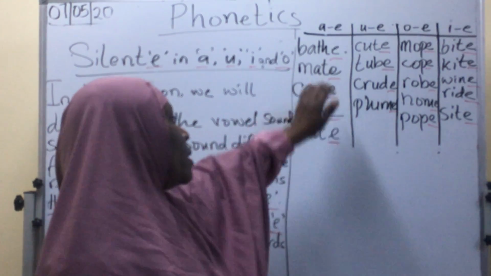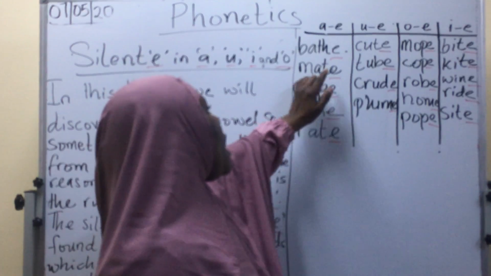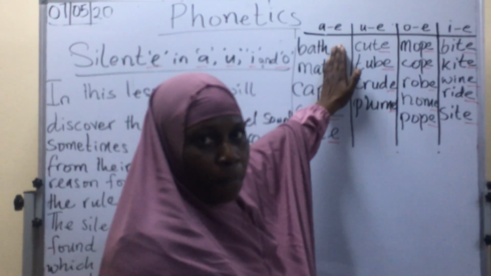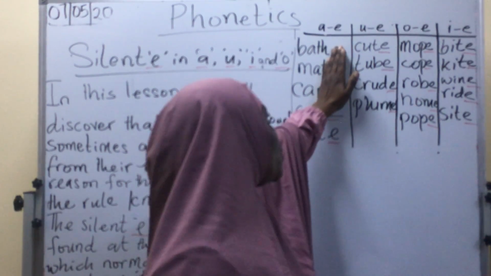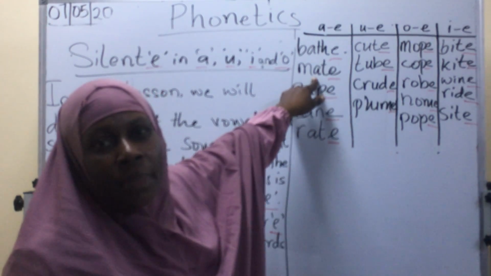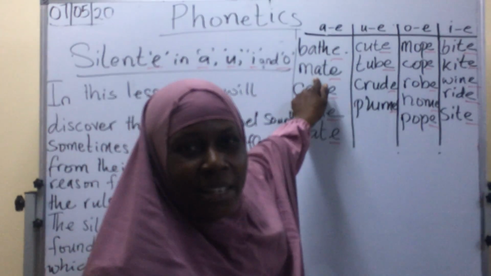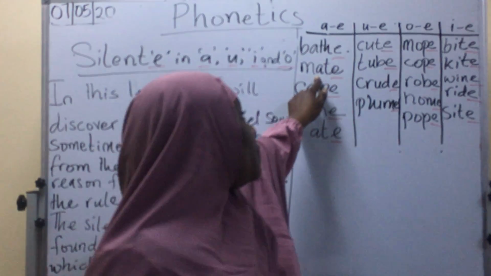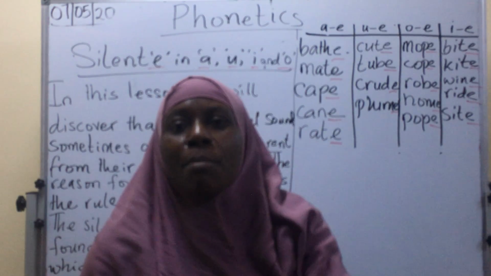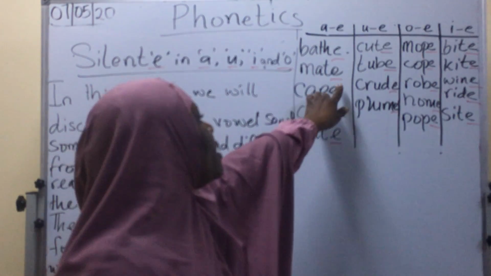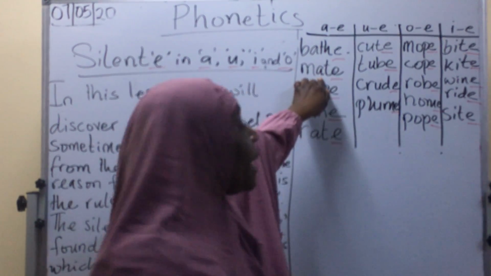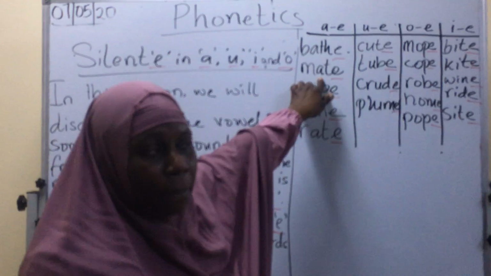Now we are coming to this one. This is M-A-T. If we cover the E again, it's mat. Like I said before, if we put the E here, this will say its name, and its name is A. It's not going to say the sound. Therefore, it's going to be mate. It's not going to be mat, because the E is silent, and automatically it changes this letter A to say its name.